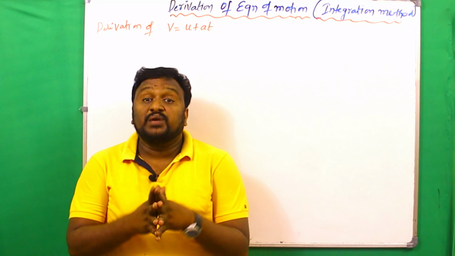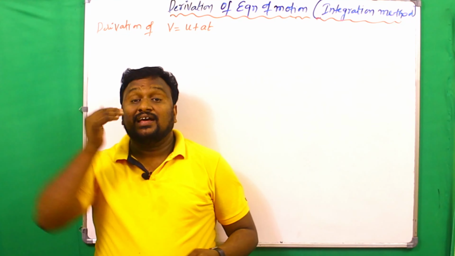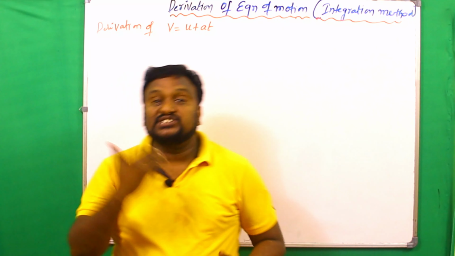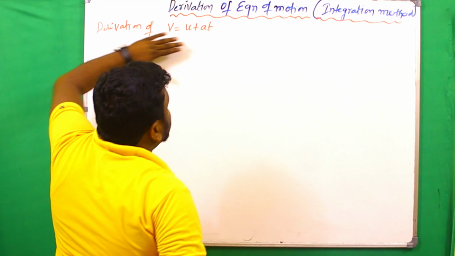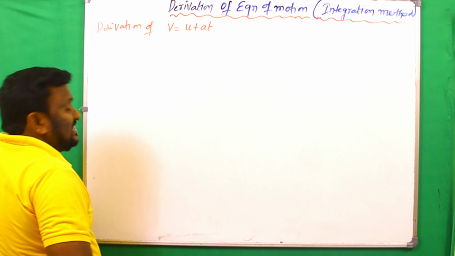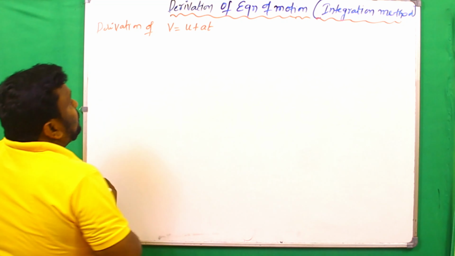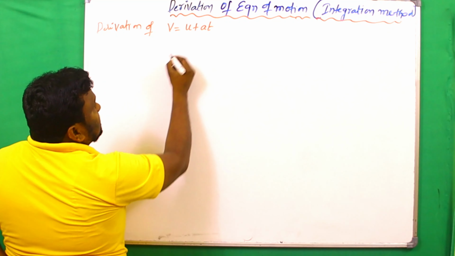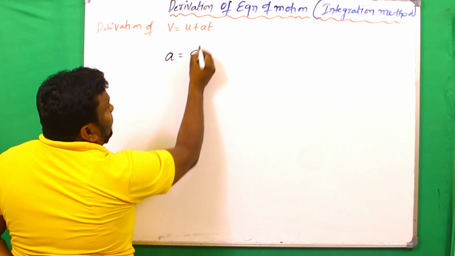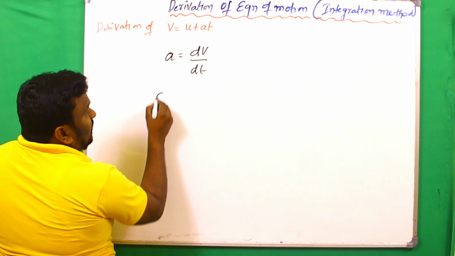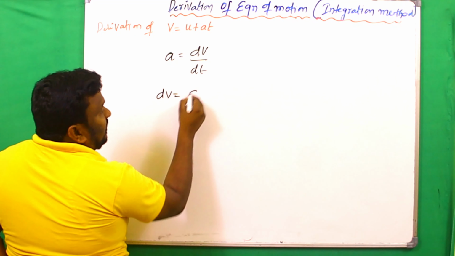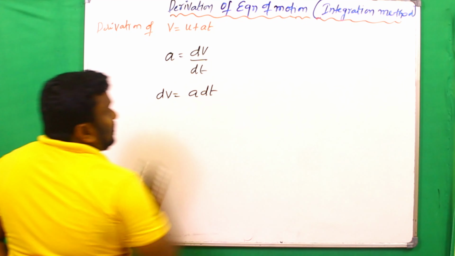How can the equations of motion be derived by using the integration method? First we have to go for the derivation of v is equal to u plus at. Just now we discussed a is equal to dv by dt. From that we can write dv is equal to a into dt.